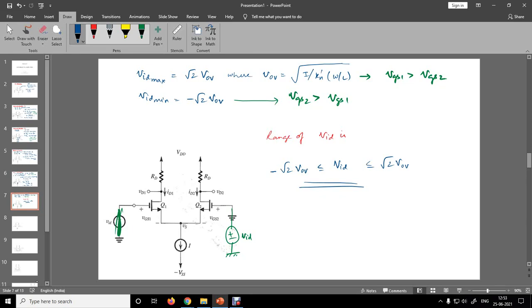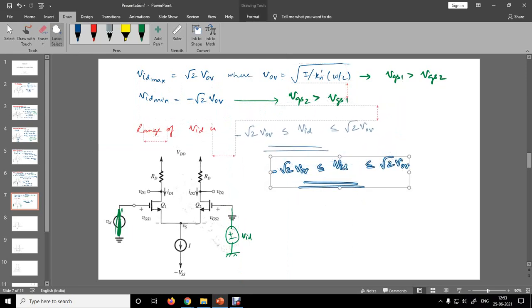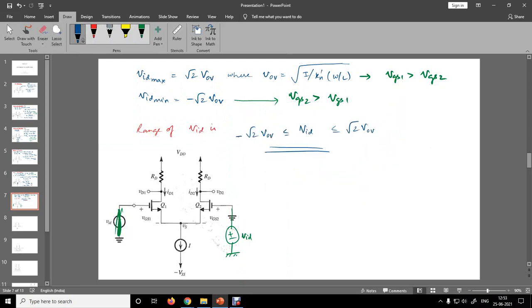Another important point I want to mention here is: if your VGS1, which you calculated earlier, we got that as Vt plus square root of 2 into VOV. This is what VGS1 is.